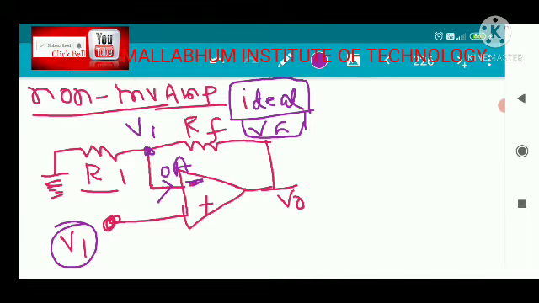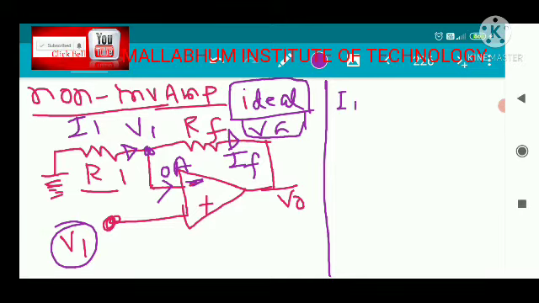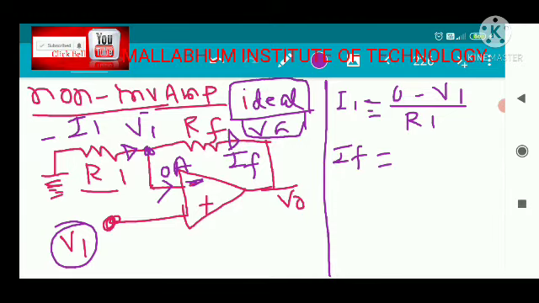We assume this current as I1 and this current as IF. The same concept is applied here. So I1 is nothing but 0 minus V1 divided by R1. This potential is V1. And IF is equal to V1 minus V0 divided by RF.